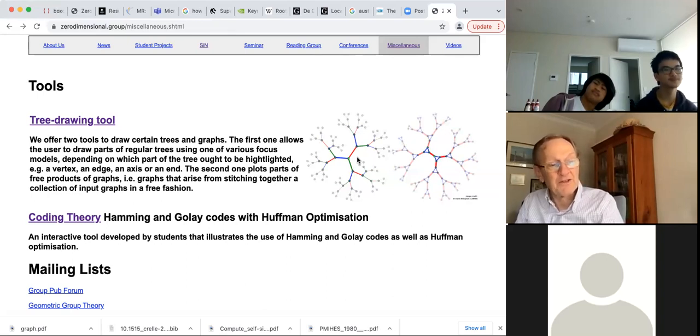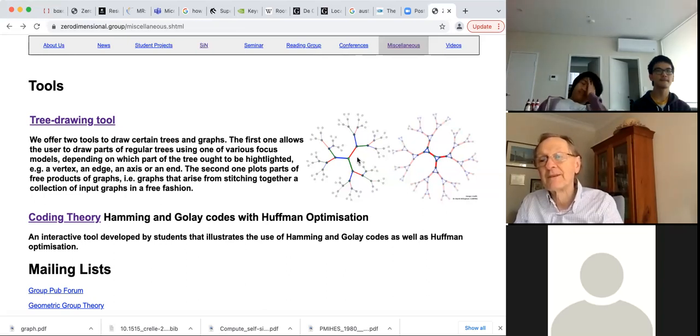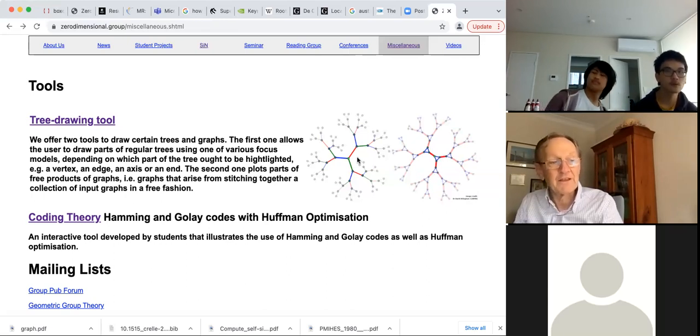But in particular cases, such as the one we're interested in, where they're highly symmetric, there are certain things that come out of the theory that tell us what we should be focusing on, and we see that in the 3 different focuses for the trees: the vertex, the edge, and the axis focus models.